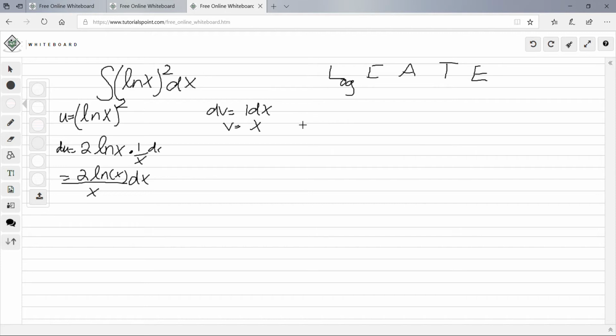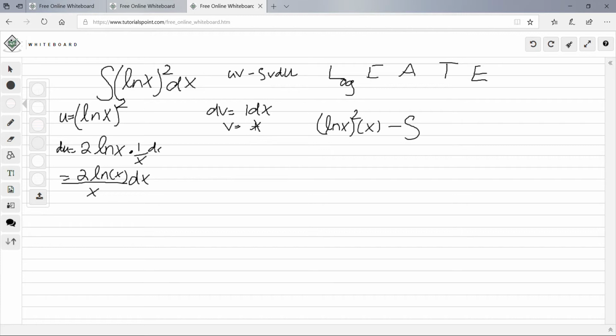So remember, it's uv minus integration of v du. You should memorize this right now. It should be memorized. So our uv is ln x squared times x minus the integral of v du.